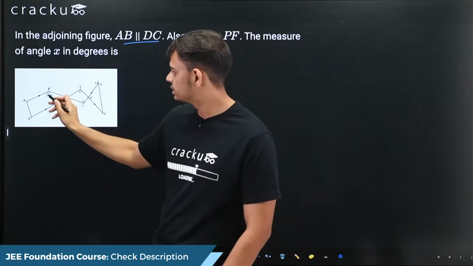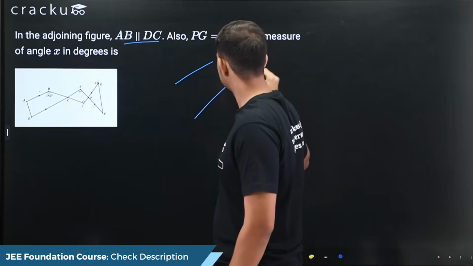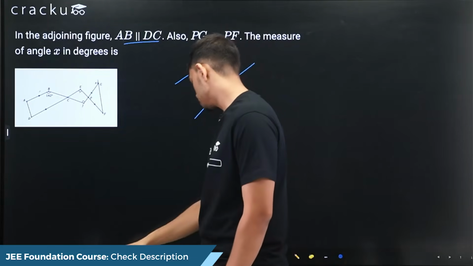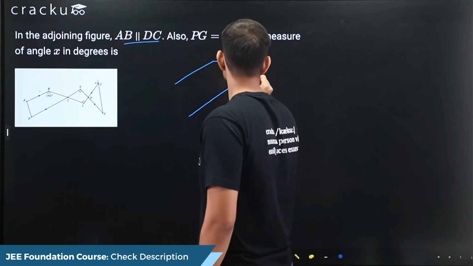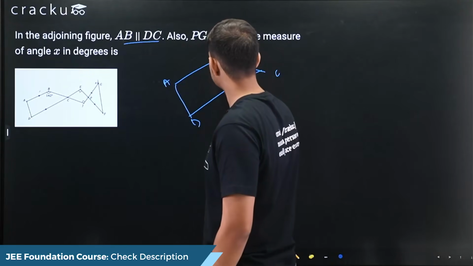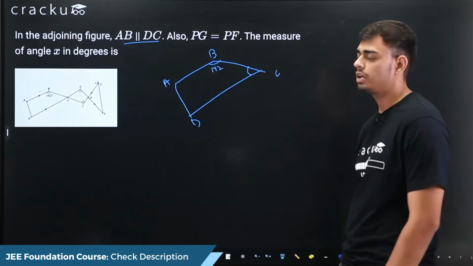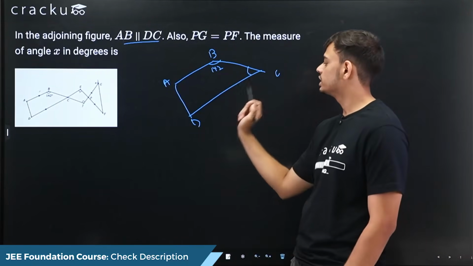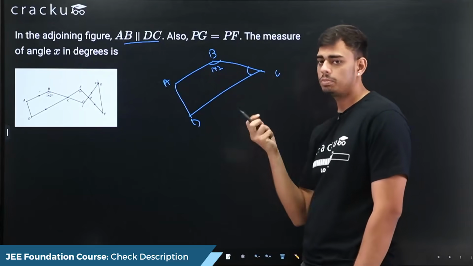Okay, let us consider this. So this is like this, AB, CD. These two are parallel lines. We are given this angle, so we can calculate this angle because these two angles will be supplementary. If AB and CD are parallel, then BC is the transversal, and these two angles will be supplementary.